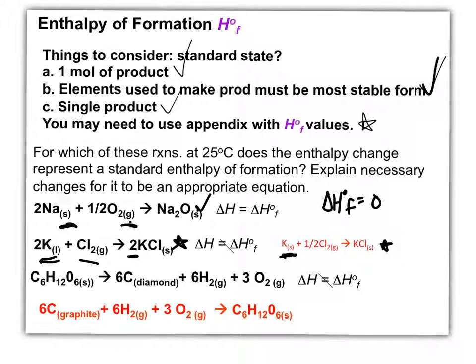And in this last example, if we look at what is wrong with this one, first of all, we don't have a single product, we have multiple products, so requirement C is not being met, and of course that means that the reactants here are not in their elemental form. So we have lots of issues here. If we actually flip this equation, we have a single product, we have 1 mole of it, and all of the elements being used are in their most stable form.